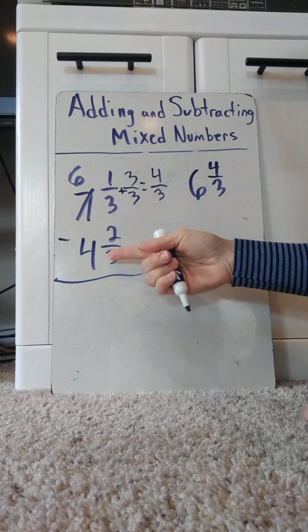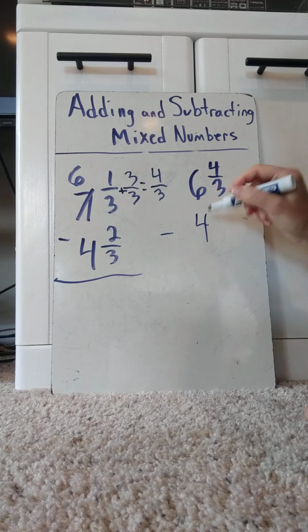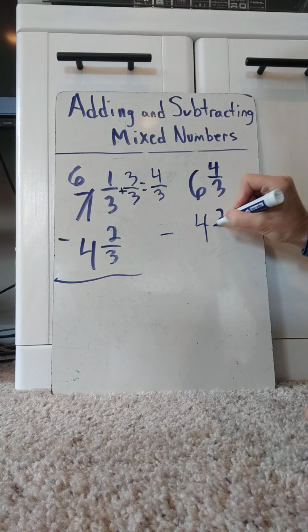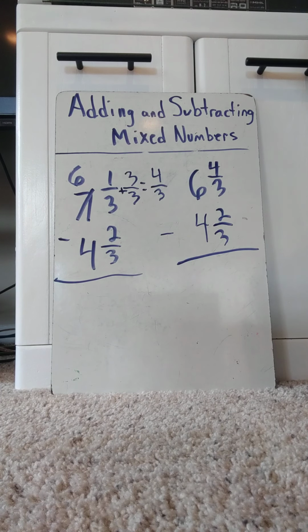And then all I'm going to do is move this over. 6 4/3 minus 2 2/3. Can I do this problem now? I sure can, right? Because this 4 is larger than that 2. So let's do this problem. 6 minus 4. I'm going to subtract my whole numbers first. 6 minus 4 is what?